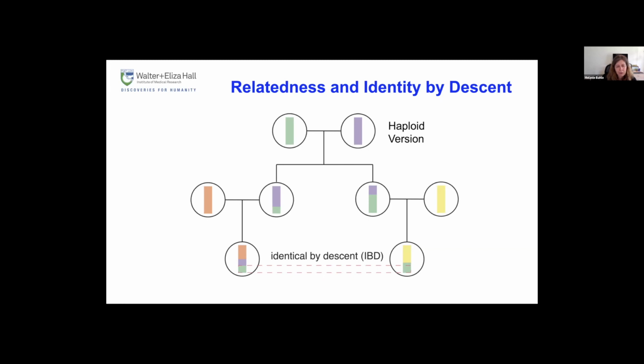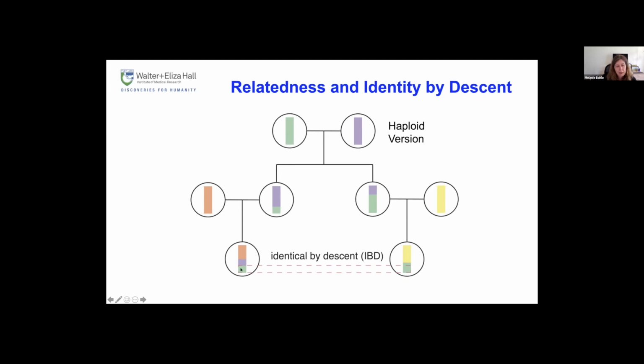When you look at their genome, this is effectively one chromosome, as you walk along their chromosome, you can see that they share a fragment of their genome, and that's called identical by descent, because that green fragment is inherited from a common ancestor, the green ancestor haplotype at the top here. And these fragments are of great importance to us for all sorts of applications.